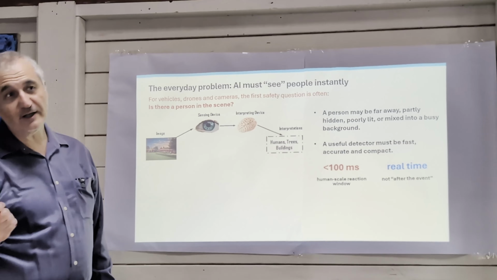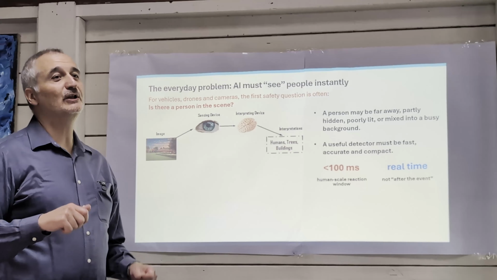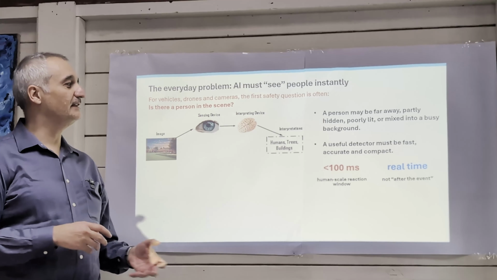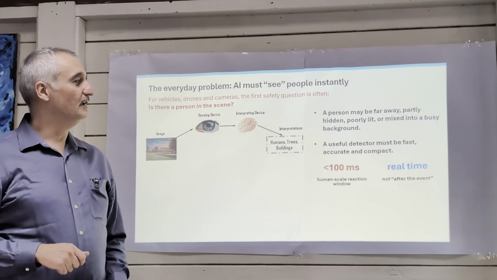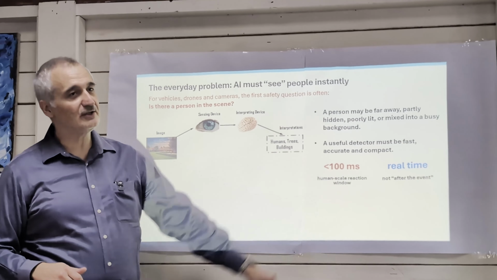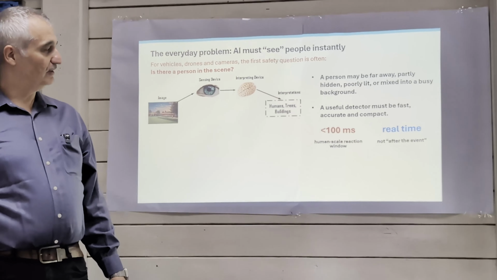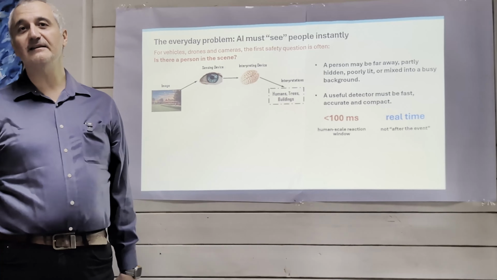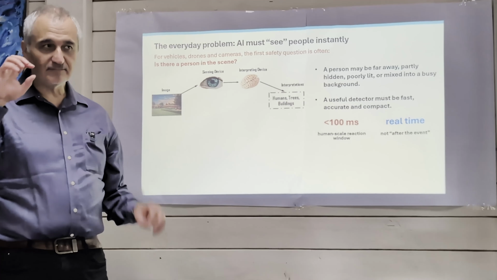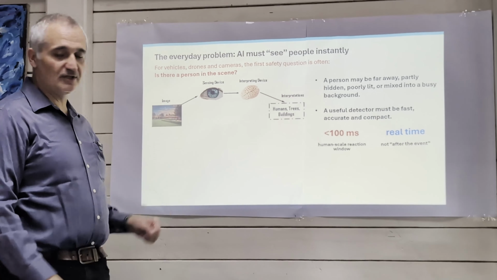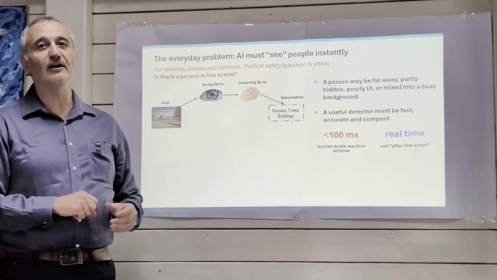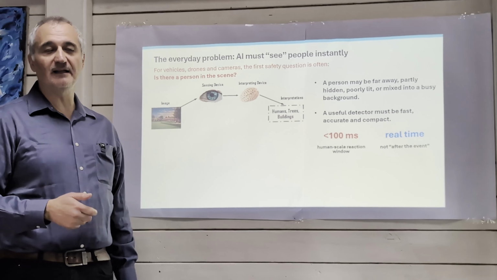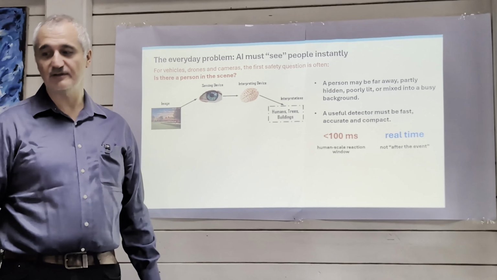And what we want is real time, which means we don't want any calculations happening after the event, which becomes completely useless. So we have a budget for doing all that processing within 10 milliseconds. If capturing the image, interpreting it, and acting on it takes more than 100 milliseconds, that's useless.